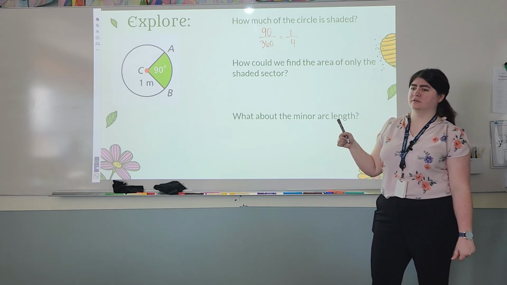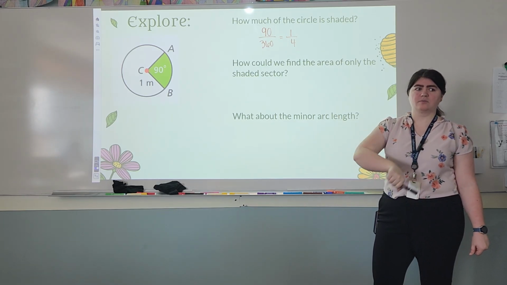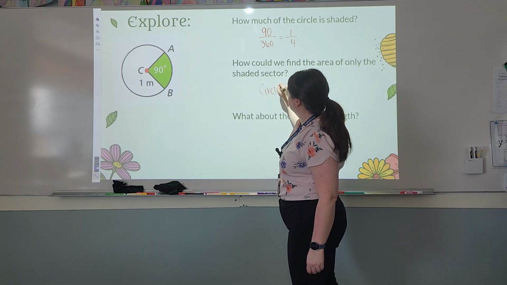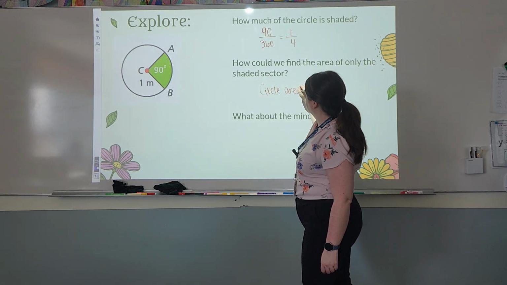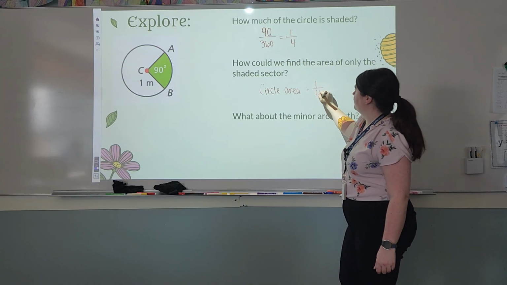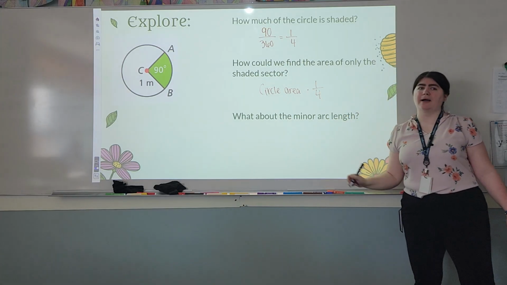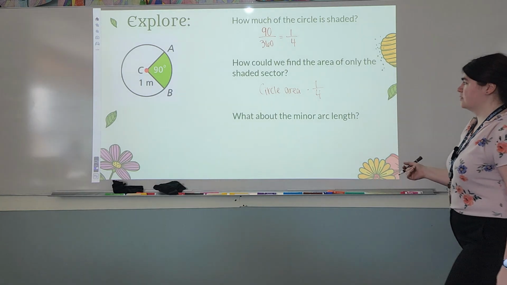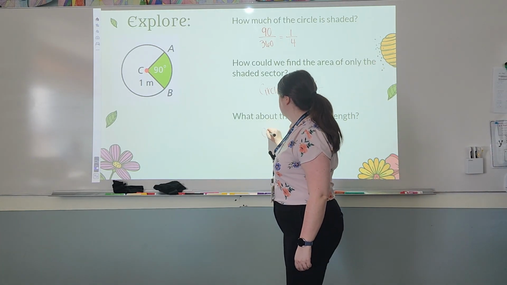It's going to be 1/4 of the total area. So you have the circle area times 1/4. What about the minor arc length? It's going to be 1/4 of the circumference.